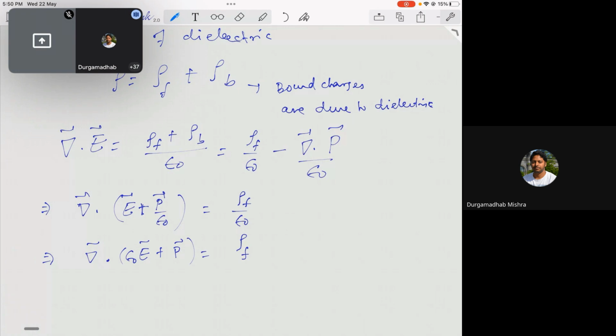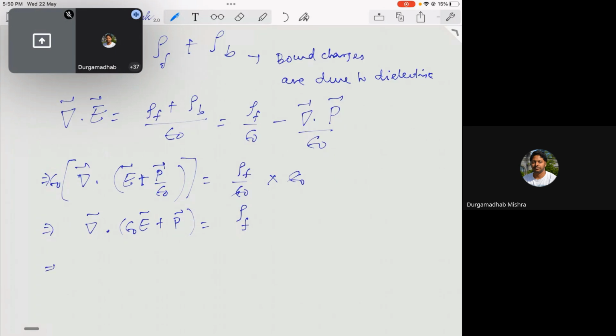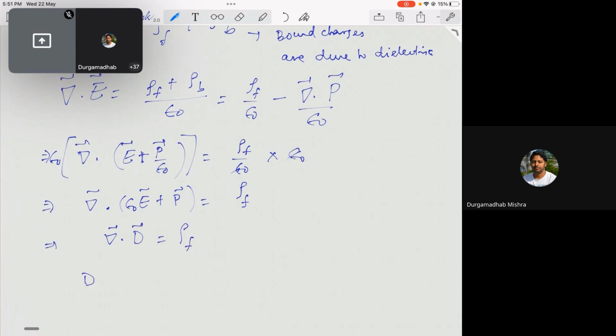I'm just multiplying by epsilon naught on both sides. So this cancels out, and I have this expression, which in dielectrics we write as a vector D, which we define as the displacement vector.